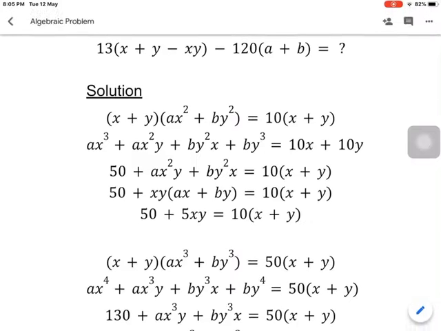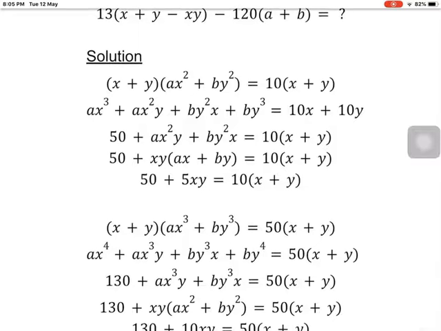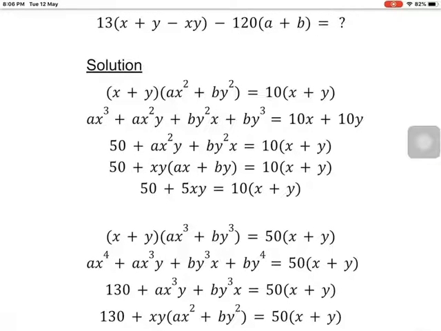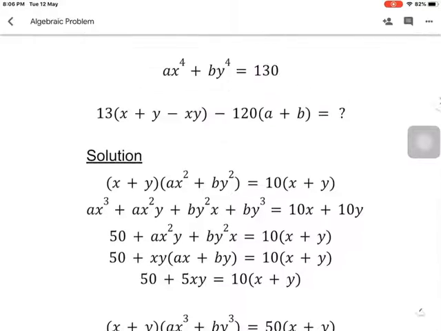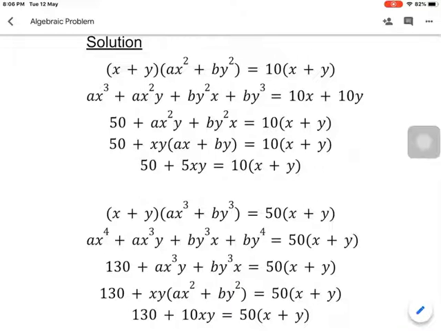So 130 plus, you factorize out xy in this case as well, 130 plus xy times (ax cubed plus by cubed), and it's still equal to 50 times (x plus y). Similar to the first part, we can also substitute ax squared plus by squared as 10. So 130 plus 10xy equals 50 times (x plus y).